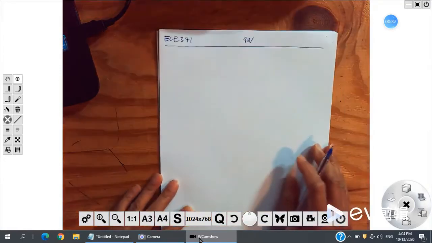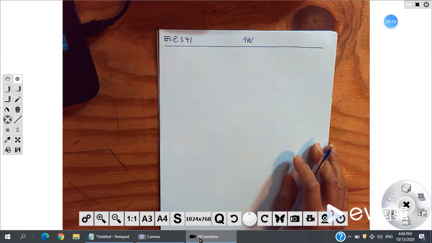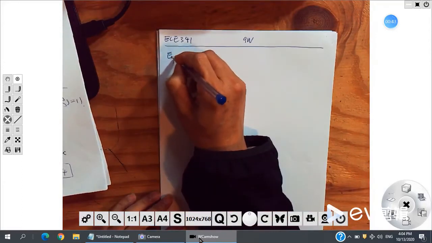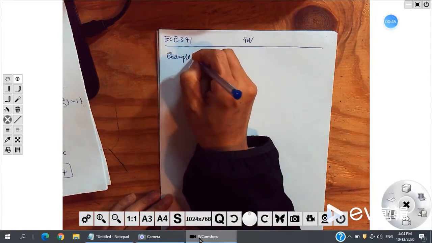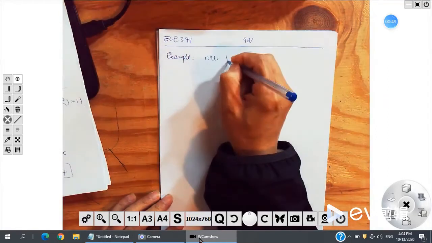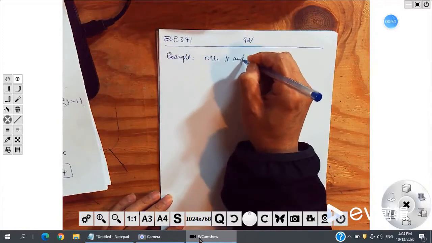Okay, the example of last time. Let me put the problem. We have two random variables, x and y.